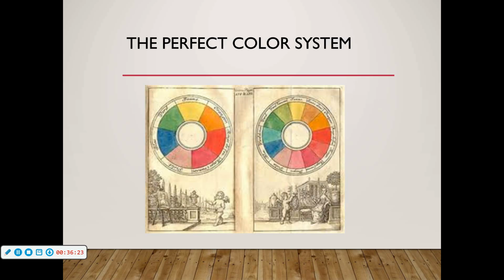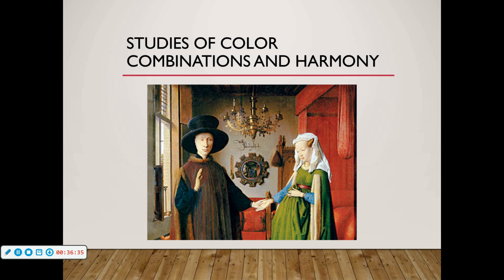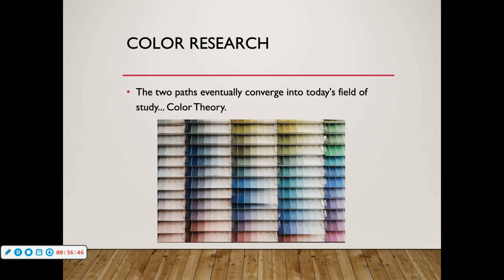Color research is the search for the perfect color system, the perfect way to categorize and explain why color looks the way that it does. Whereas color studies seek more to understand the combinations and harmony created by combining colors together. The 2 paths eventually converge in today's field of study, which is color theory.